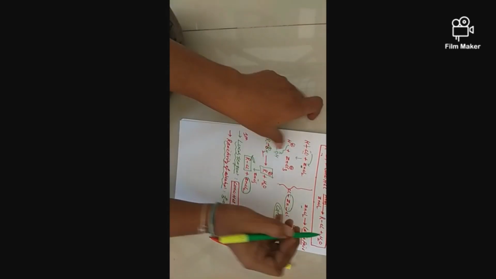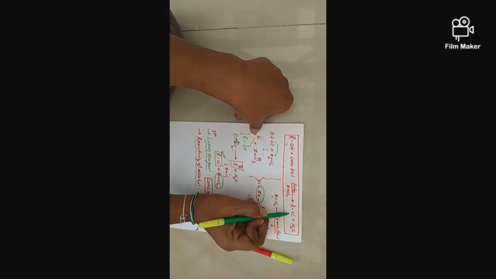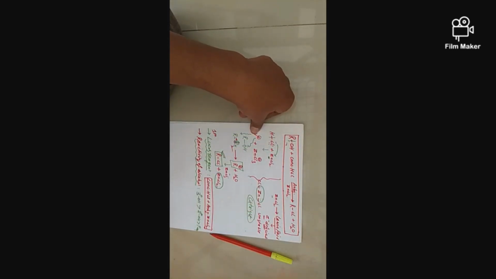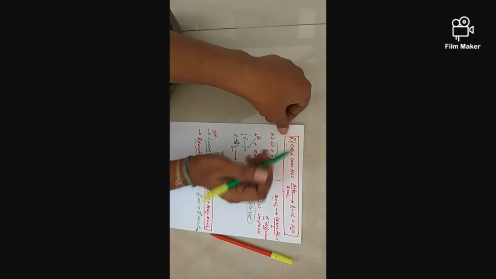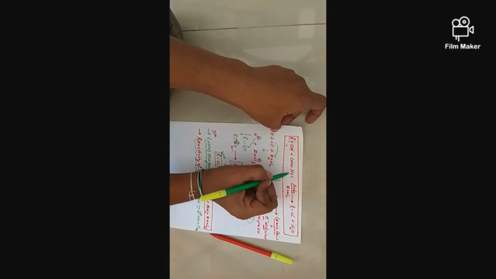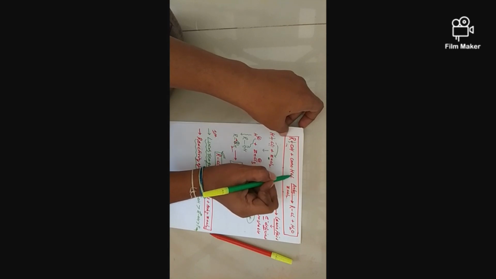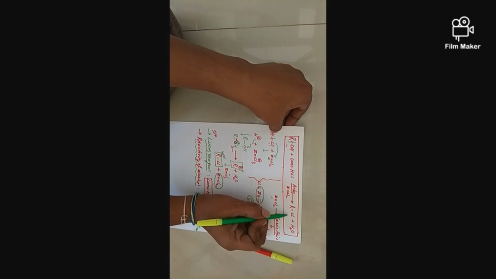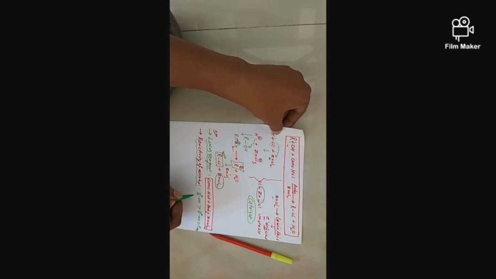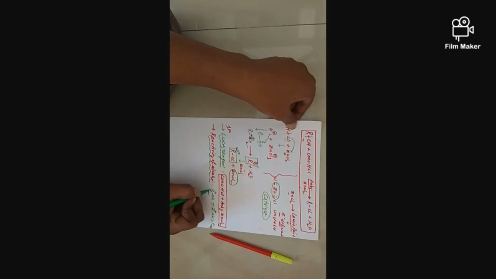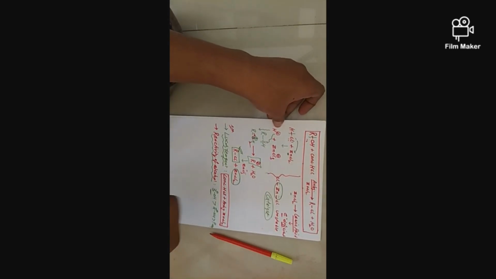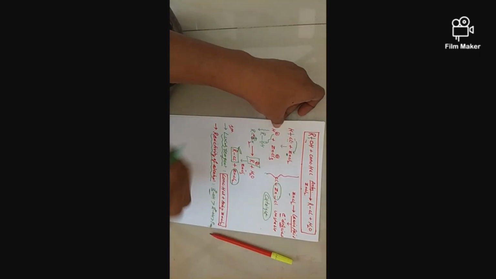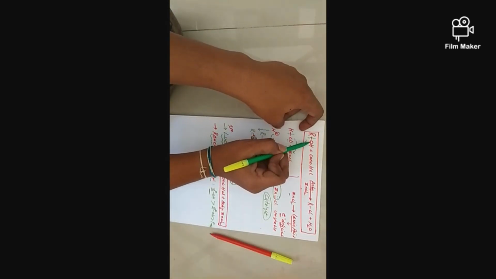Reason: to get R-Cl, the R-OH bond must be broken, and the H-Cl bond must be broken, so that Cl is attached to R. In tertiary alcohol, the R-O bond is easily broken because there are more repulsions between the alkyl groups and oxygen.